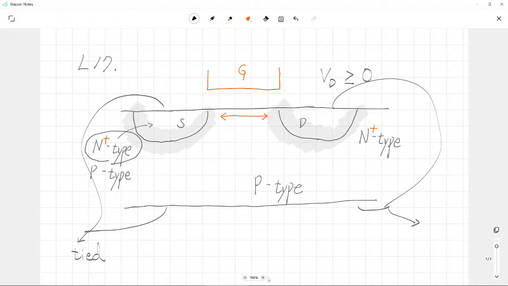That is the usual target for their engineering. Anyway, this part is really highly doped, for example, roughly speaking, 1,000 times more highly doped than this p-type substrate.